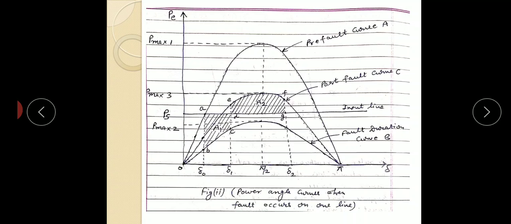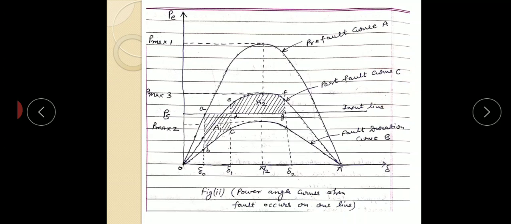It represents the condition of the system during fault when one healthy line and one faulted line are in circuit. Curve C is called the post-fault curve. This curve represents the condition of the system after the faulted line has been switched out and only one healthy line is in the circuit.